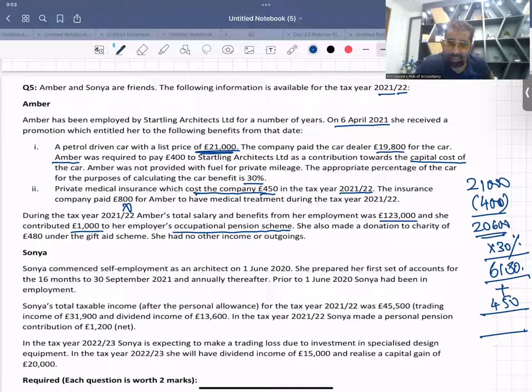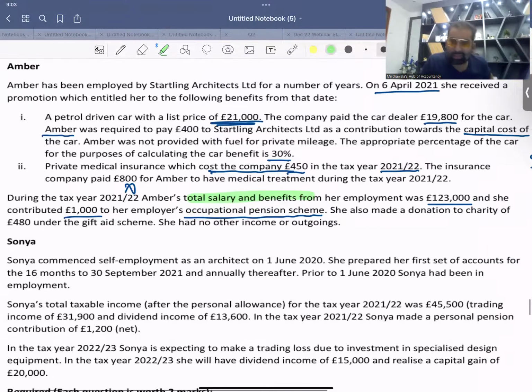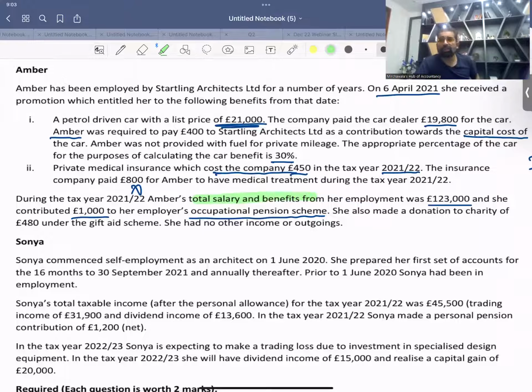And see, this 123,000 includes all salary and benefits, everything. She also made a donation to charity of 480, a gift aid donation.